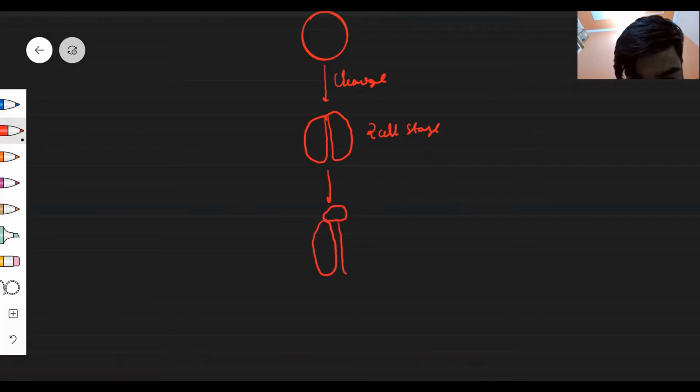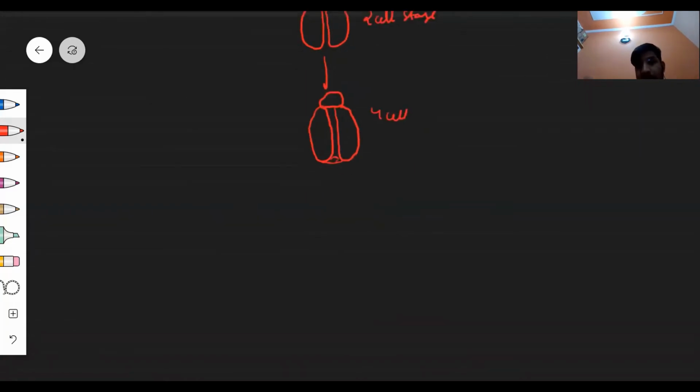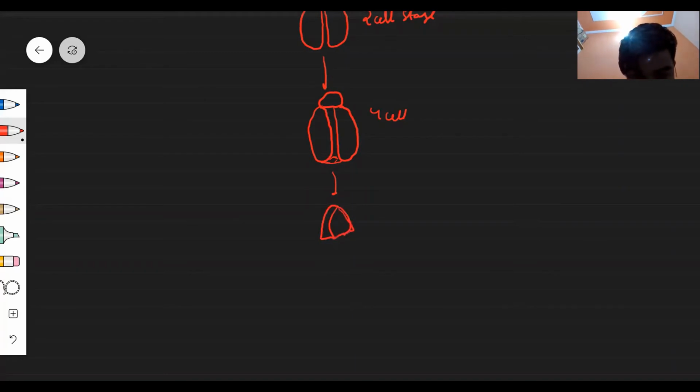Here it is the back side, and here is the one back side cell. After the four cell stage, cutting horizontally gives the eight cell stage. 1, 2, 3, 4, 5, 6, 7, 8.